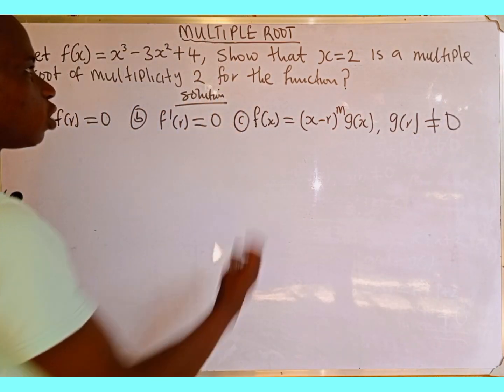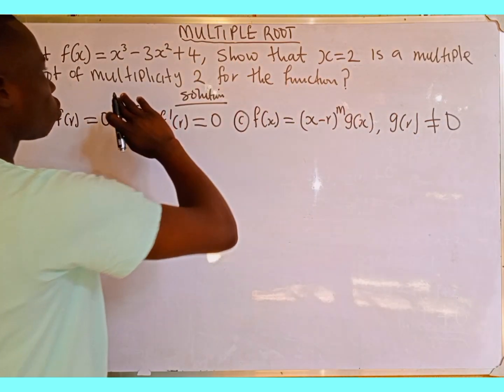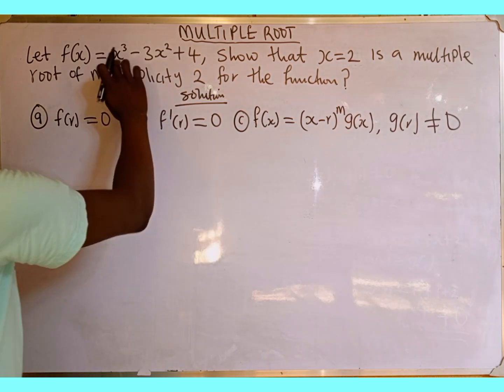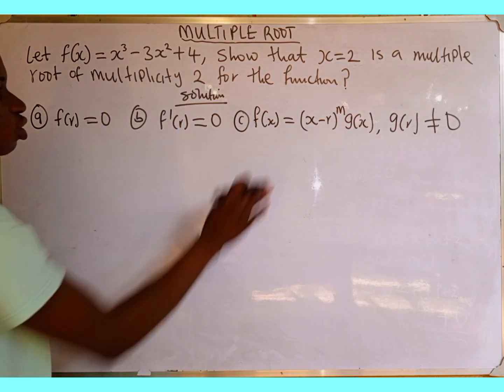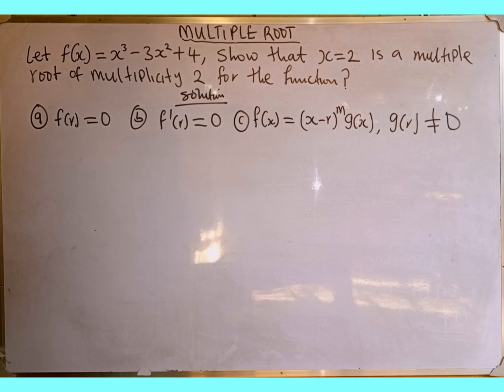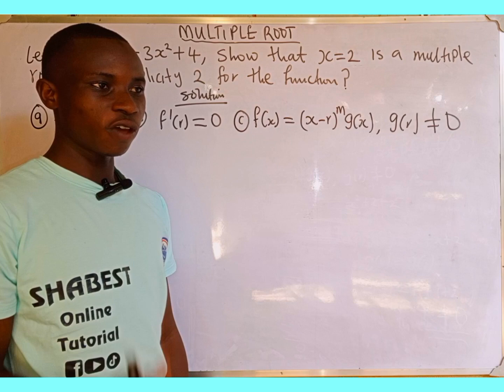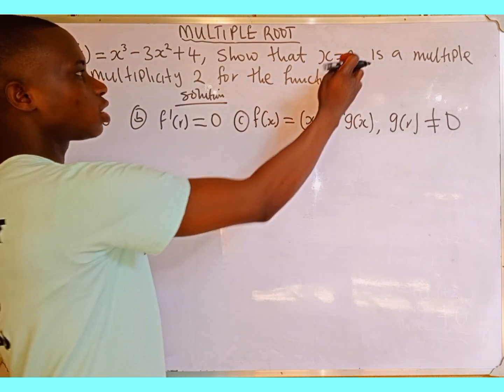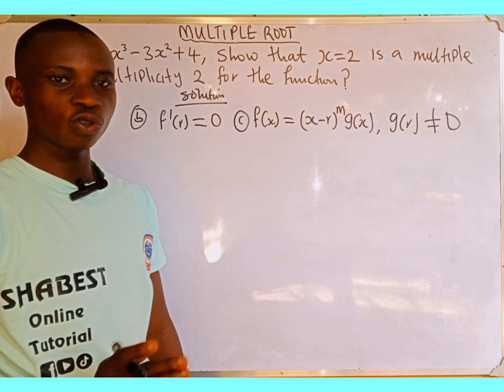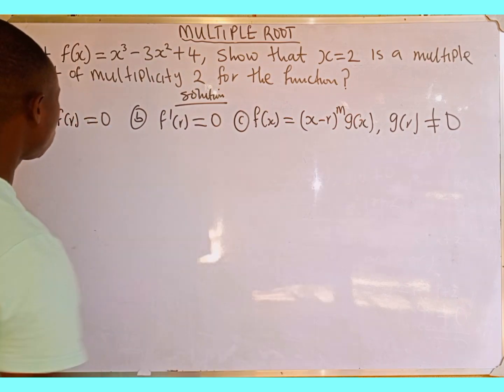So for x is equal to 2 to be a multiple root of multiplicity 2 of this given function, these three conditions must be satisfied. So let us check if the three conditions are satisfied. If any of the conditions fail, you conclude that x is equal to 2 is not a multiple root of multiplicity 2. So let us check.